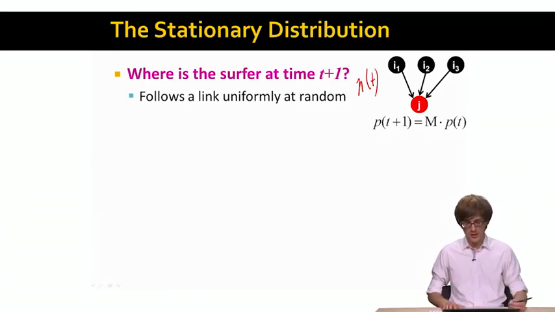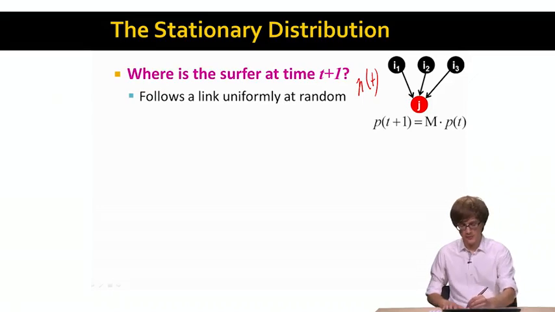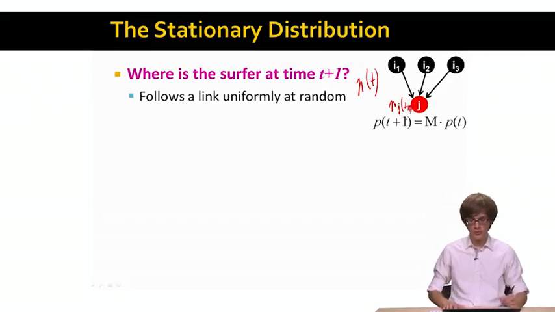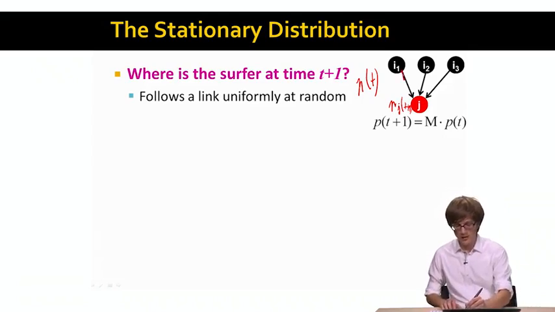What is the probability that the random walker will be at node j at time t plus 1? For node j, we have to look at all the nodes i that point to j, the probability that the walker was at any of these nodes i, and at every node i, the walker has to take the link that points towards node j.